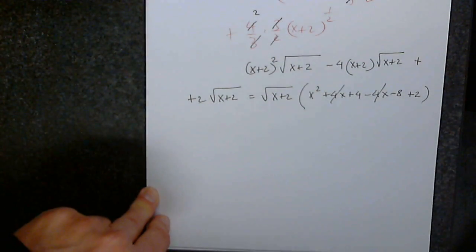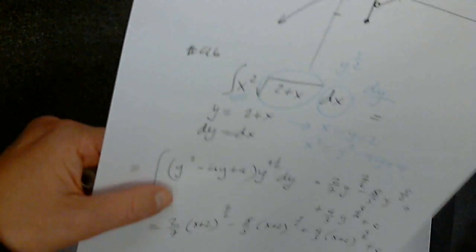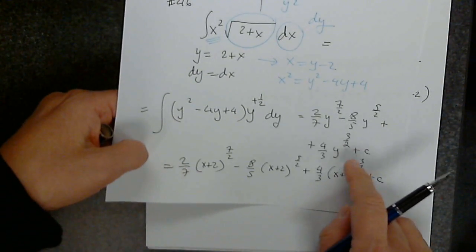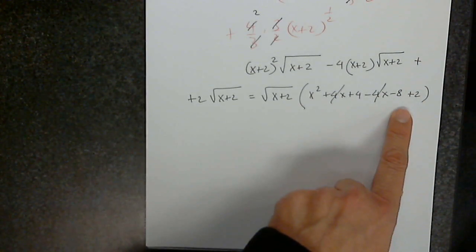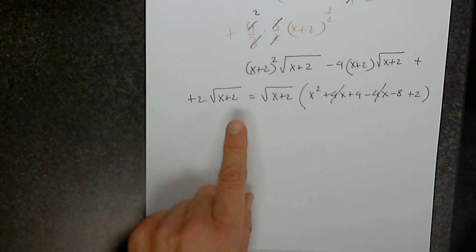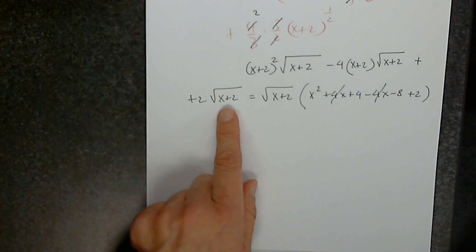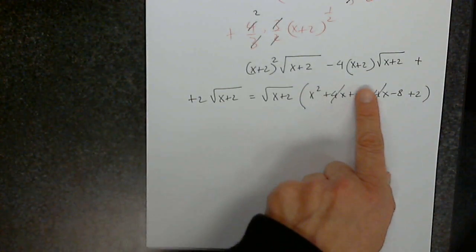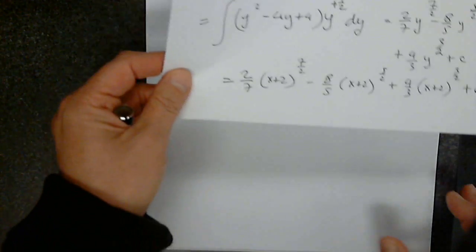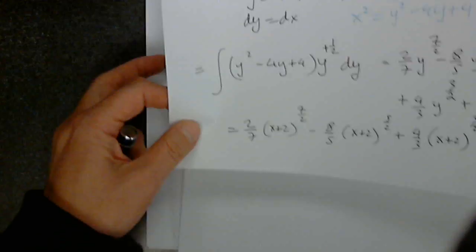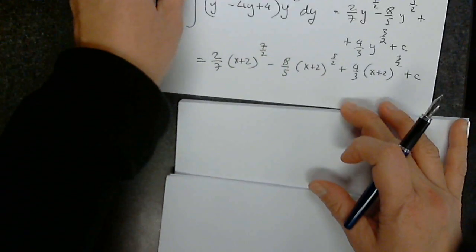Uh-oh, which means I have to go back and check my stuff here. Because all these terms should have gone. I have to have x squared times this, so all this should be just x squared. So I have to go back and redo my stuff. That's how we check. 1 point off on the final exam.